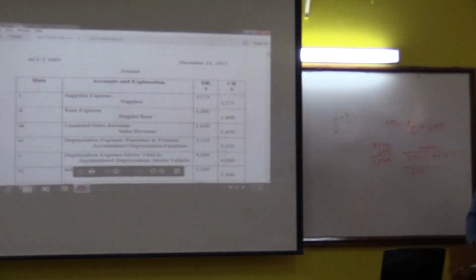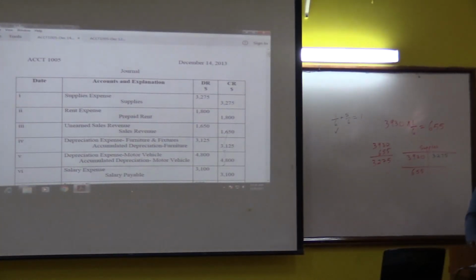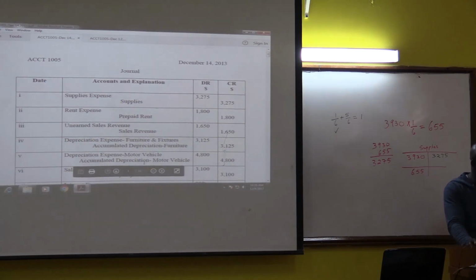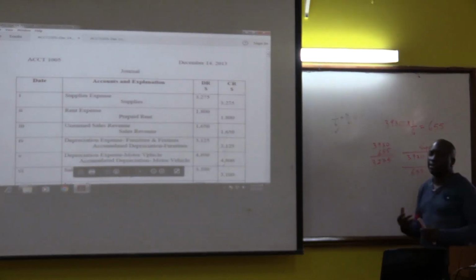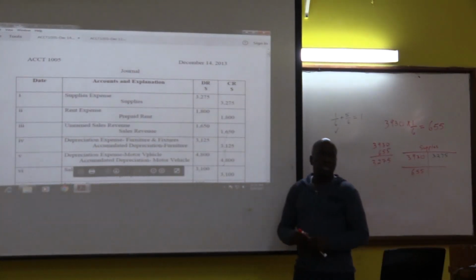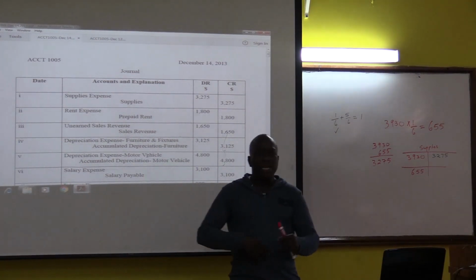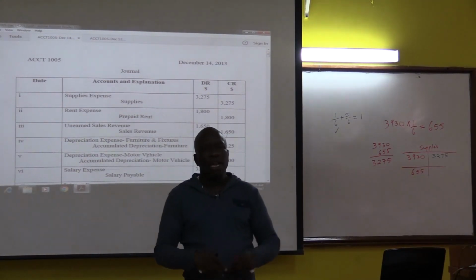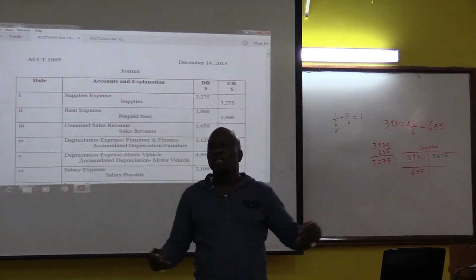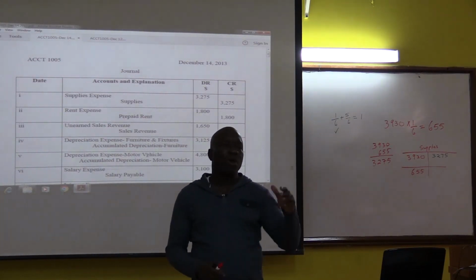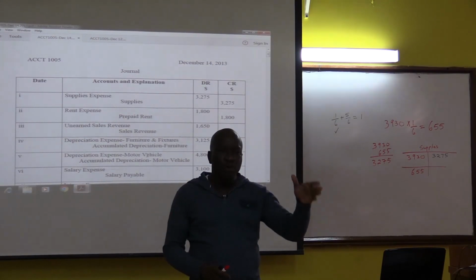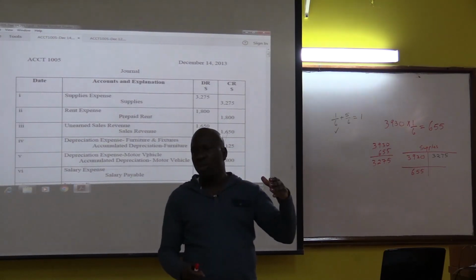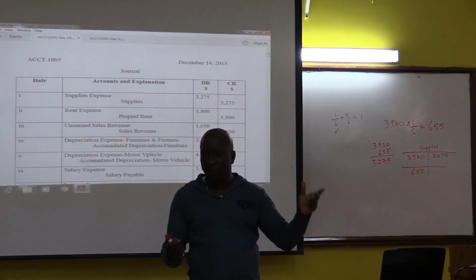Note 2 says 1,800 of the prepaid rent expired. What does that mean in simple language? What is the meaning of prepaid rent? We paid in advance. Just to keep it simple, let's say this room right here, the landlord says we must pay from January to June, for 6 months.